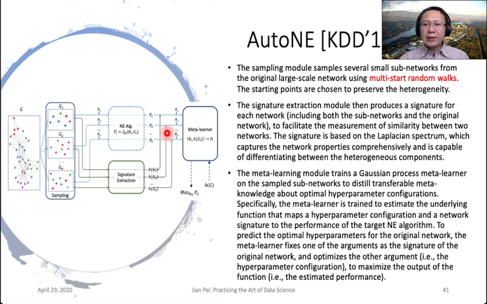And the last step, we developed the meta-learning module. It trains a Gaussian process meta-learner on the sample subnetworks to distill transferable meta-knowledge about the optimal hyperparameter configurations.